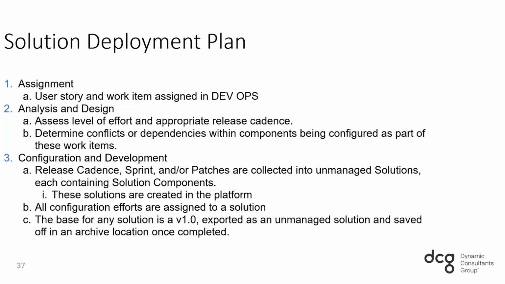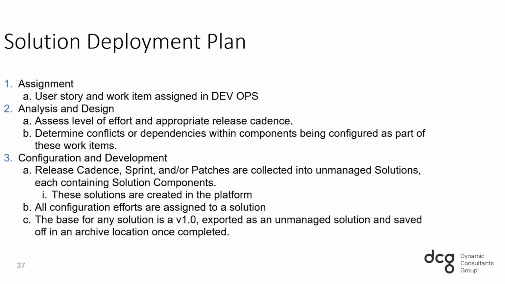And then configuration and development: the sprint or patches are collected into unmanaged solutions, each containing solution components. So that means I get my tickets and I create an unmanaged solution, and I add the work that I'm going to do into that unmanaged solution.